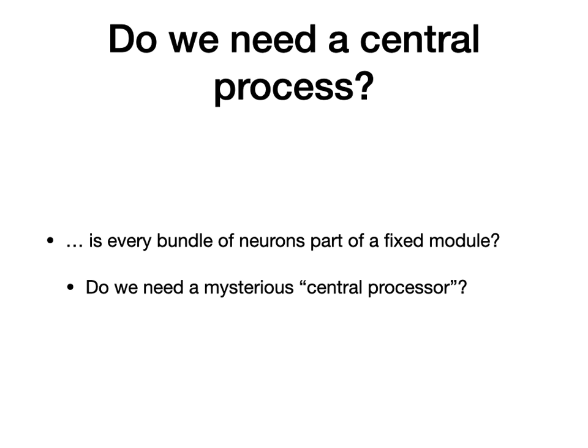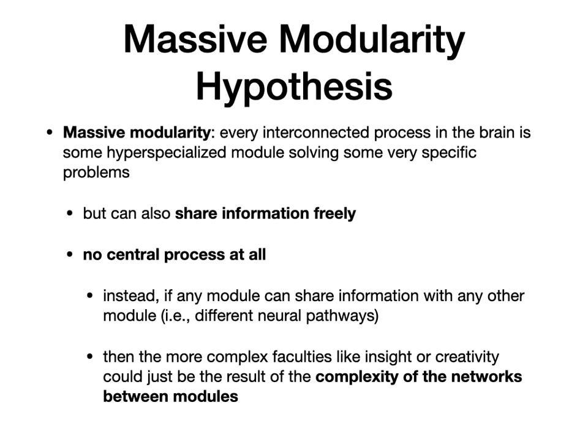Do we need a central processor? So this is the massive modularity hypothesis. Every interconnected process in the brain is some hyper-specialized module solving some very specific problems. But they can also share information freely, and that is critical. That's the primary idea here.